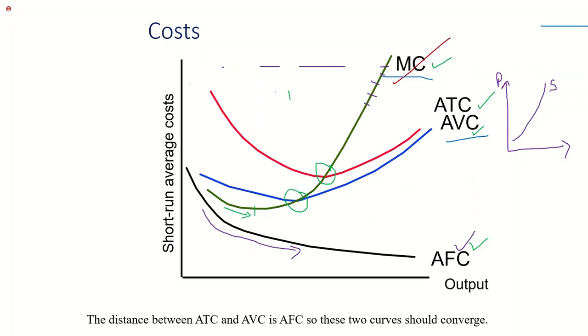And that is the supply curve, the price and quantity relationship. So we can show that the marginal cost curve above the average variable cost curve is the supply curve.